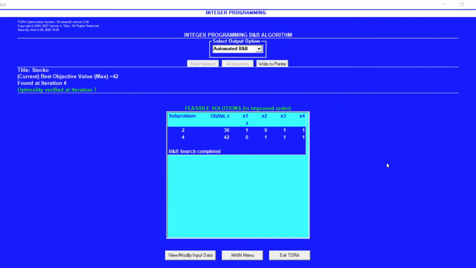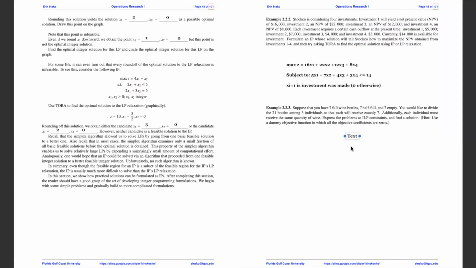The first one yields $36,000, and the second one gives us $42,000. So we'll go with the second one, which would give us a return of $42,000, or a profit of $42,000 when we are making investments 2, 3, and 4.